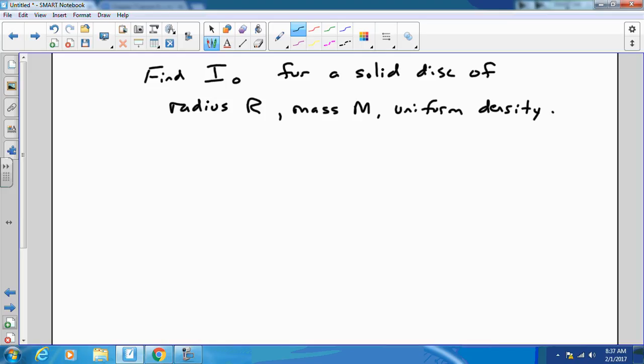Now, to understand what we're talking about, solid disks could be anything ranging from a compact diskette to a soup can that is being rolled down an inclined plane, to, let's see here, what other kinds of disc-like objects might we have? A tire, if that tire is square-ish.